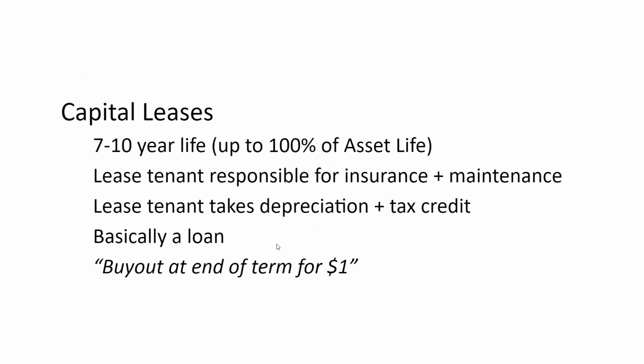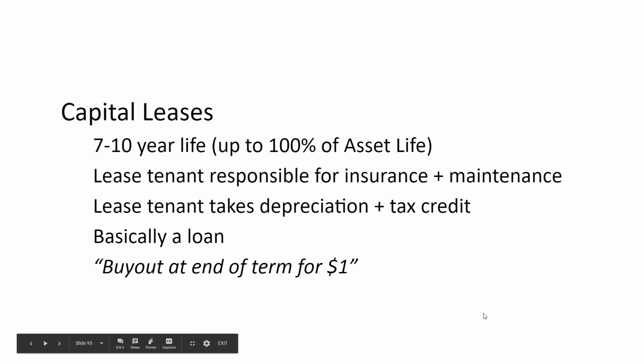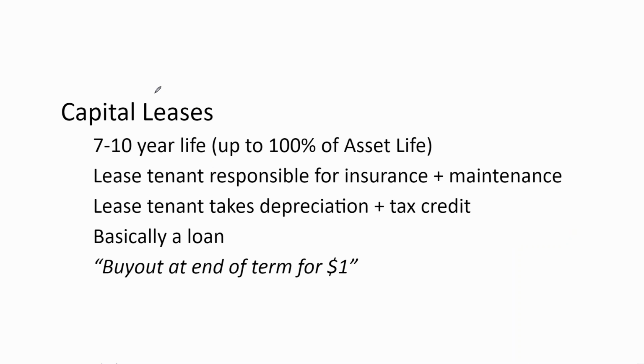A capital lease is the opposite of an operating lease. The capital lease, I think there's more wordsmithing that goes along with this term because it's essentially a loan. A capital lease is up to 100% of the asset life.